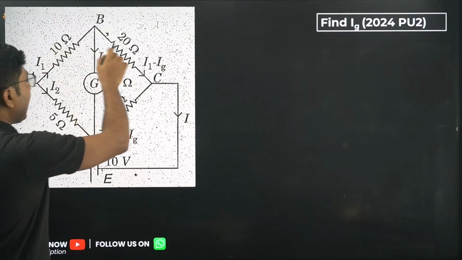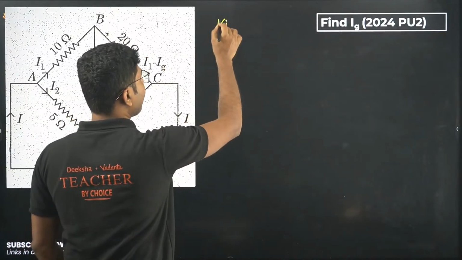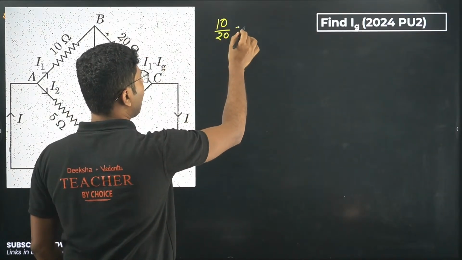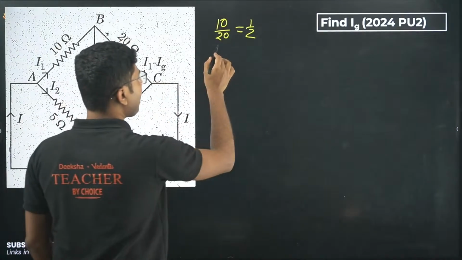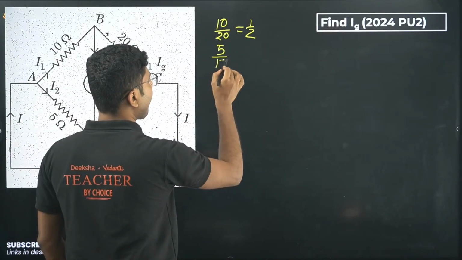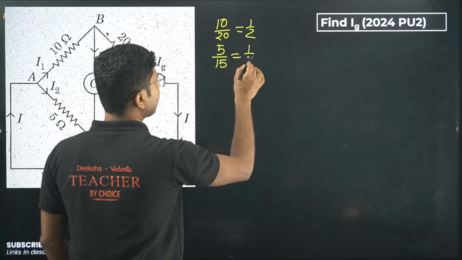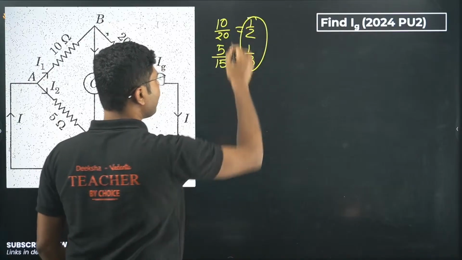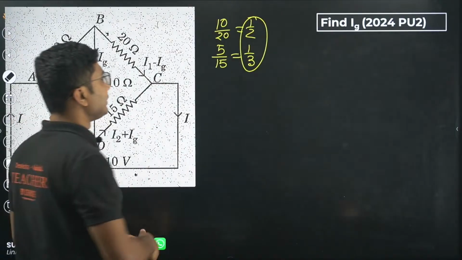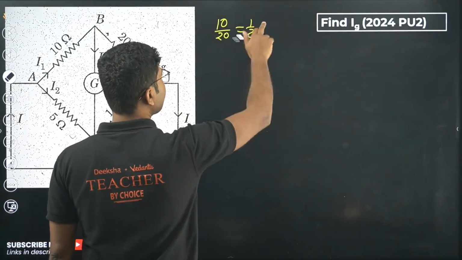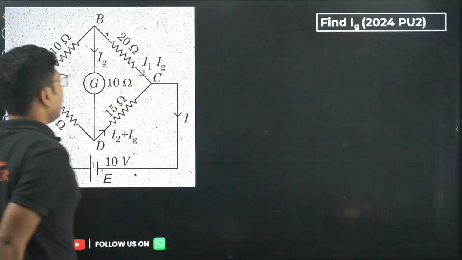So 10 by 20 is half, and 5 by 15 is 1/3. That means these two ratios are not the same, so this bridge is not balanced at all. This is an unbalanced Wheatstone bridge.